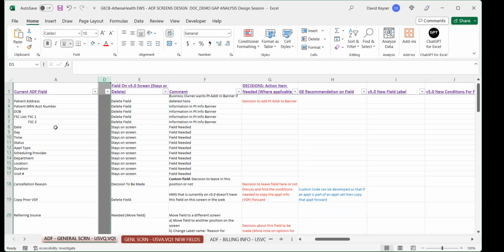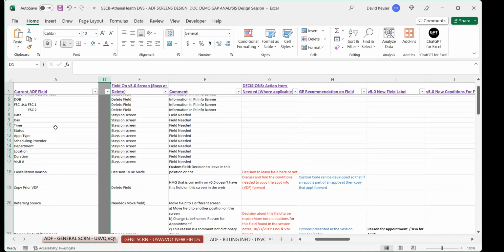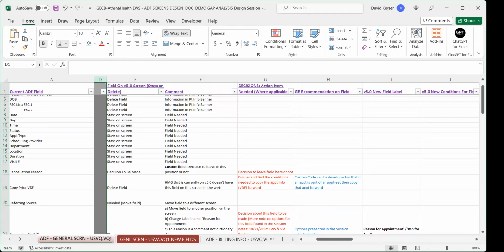So as you can see here, there was going to be a redesign. By the way, here also, there's going to be a product design, changing up the design of what the screen looks like. And that's why you see here, we're saying, okay, this will stay, that will need to be removed, and that kind of thing.